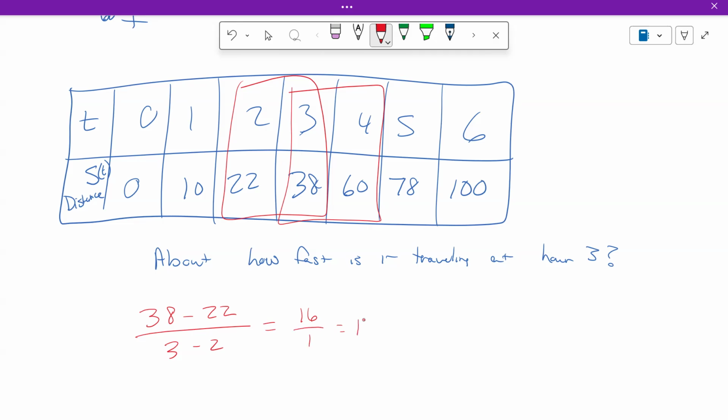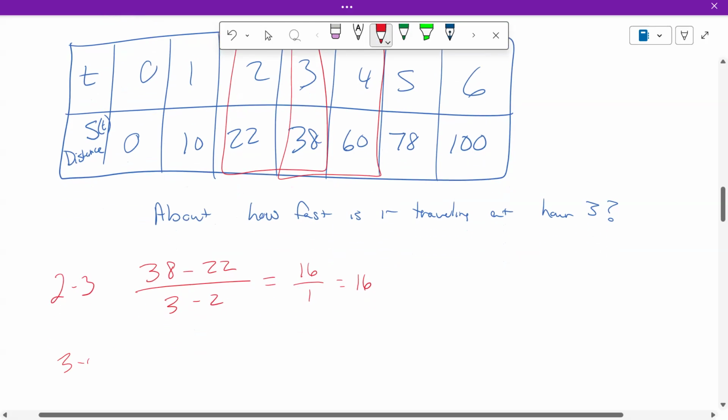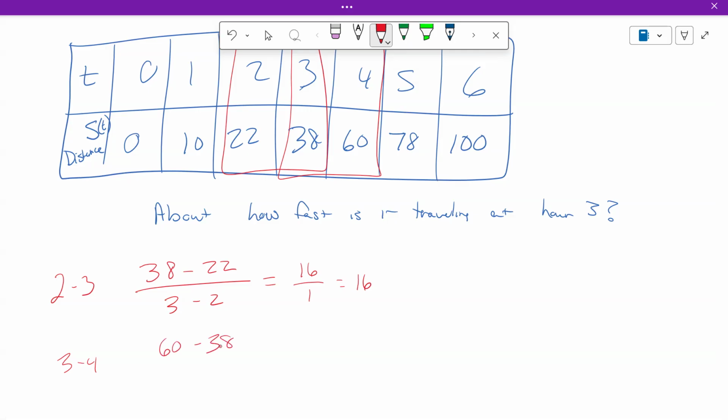So 16 over 1, which is 16. From 3 to 4, you go 60 minus 38 over 4 minus 3. So 22 over 1, which is 22. What's the average between 16 and 22? 19. So how fast is it traveling at hour 3? Approximately 19, whether it's miles or meters per hour.